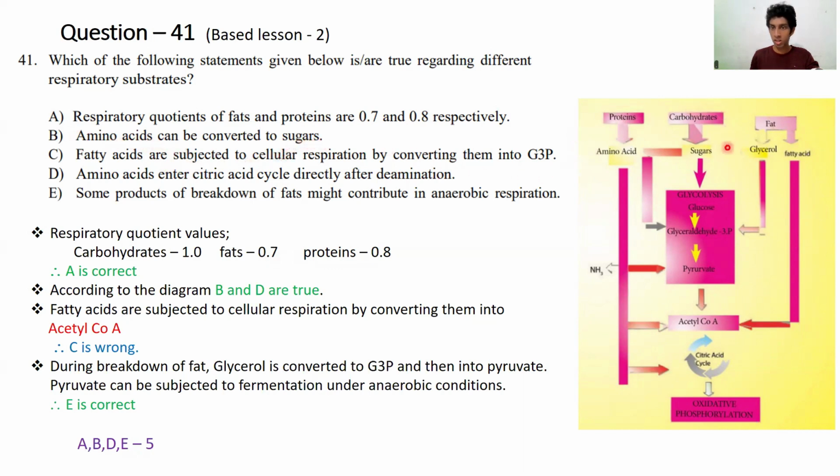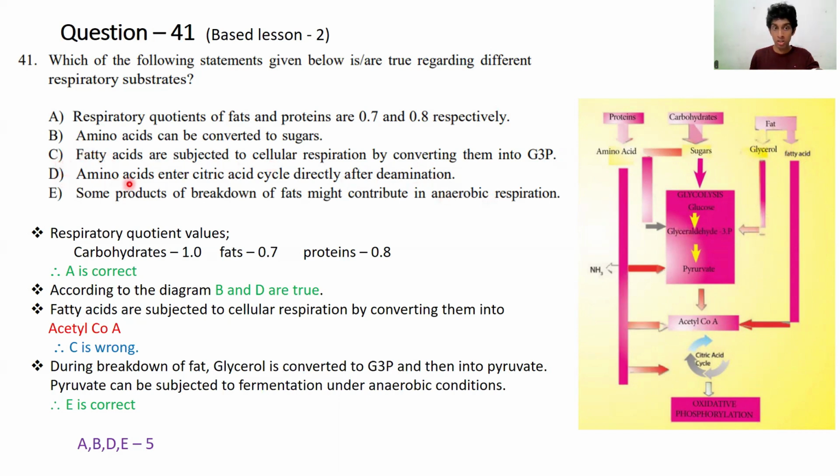So according to this diagram, you can see amino acids can be converted to pyruvate. So pyruvate is a sugar. Therefore, B is correct. C. Fatty acids are subjected to cellular respiration by converting them into G3P. That is wrong. Fatty acids can be subjected to cellular respiration by converting them into acetyl CoA, but glycerol can be converted to G3P. Therefore, C is wrong.